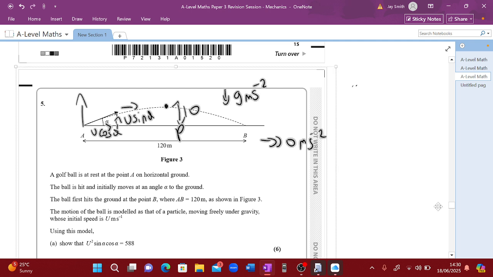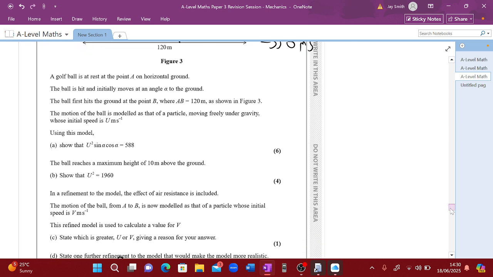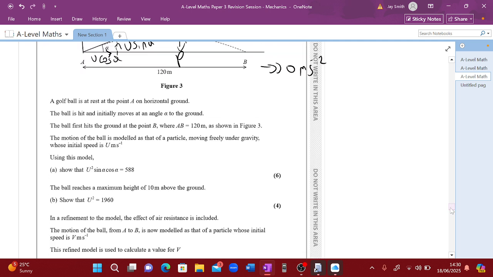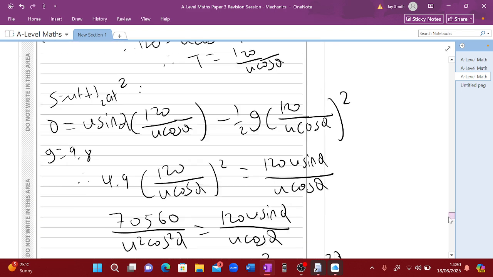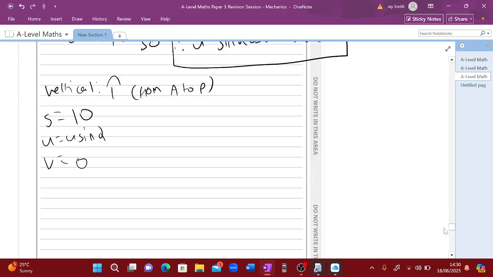When it's flat here, gradient 0 is a turning point, and a gradient of 0 means the velocity has to be 0, if that makes any sense. In that instant, the velocity has to be 0 to transition from going up to down. So that means the final velocity at P would be 0. A again is going to be minus g, that's constant. And T, we don't know anything about T, but that's fine because now we've got an expression.